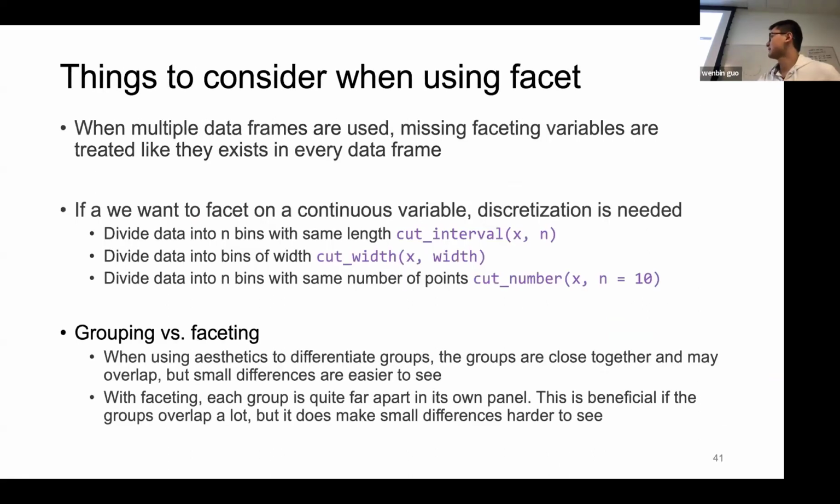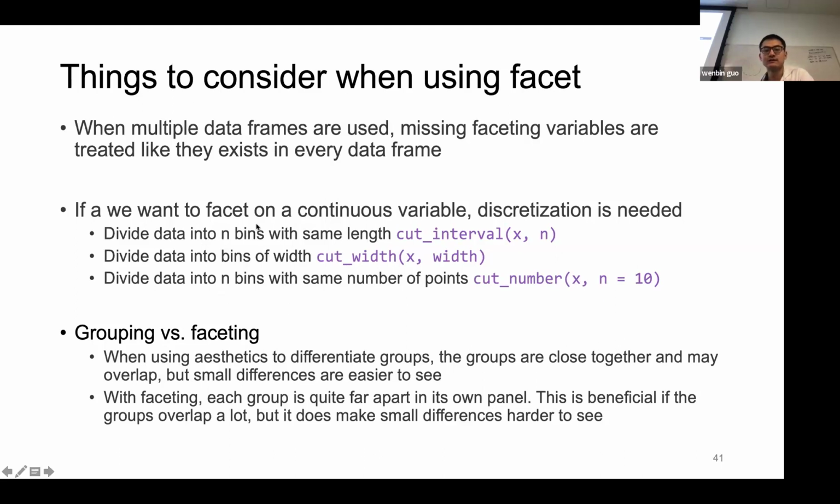So there are also some other things to consider when using the facet. For example, when multiple data frames are used, especially when for one layer you use data frame 1, and for another layer you use data frame 2, there is no guarantee that data frame 1 and data frame 2 always have the same facet variables. So basically, the missing facet variables in some data frame will be treated as if they exist in every data frame.